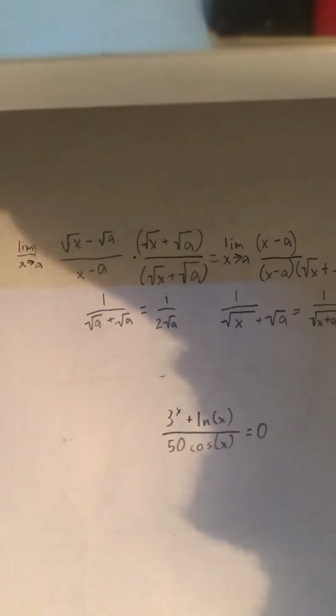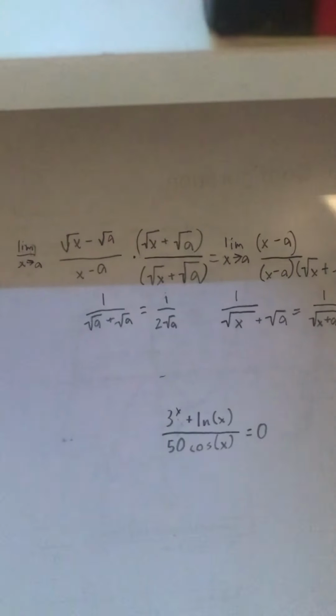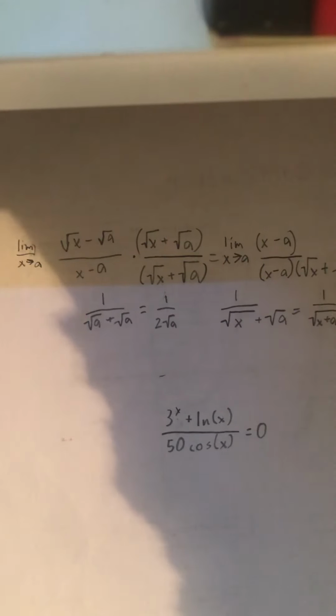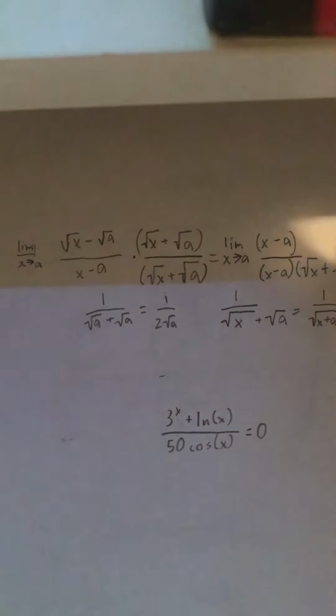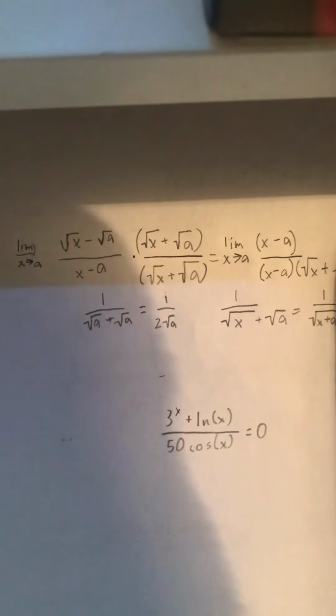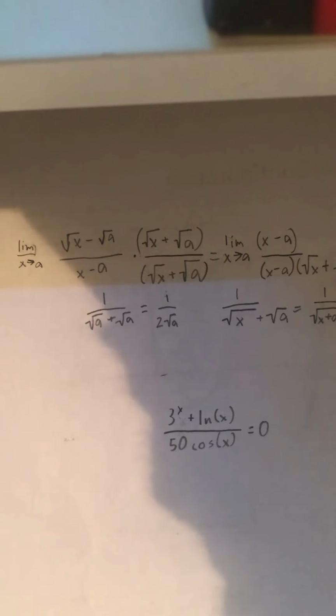Well, let's just graph this whole bugger out. 3 to the power of x plus the natural log of x over 50 cosine of x equals 0, on the interval of 1 to 3.